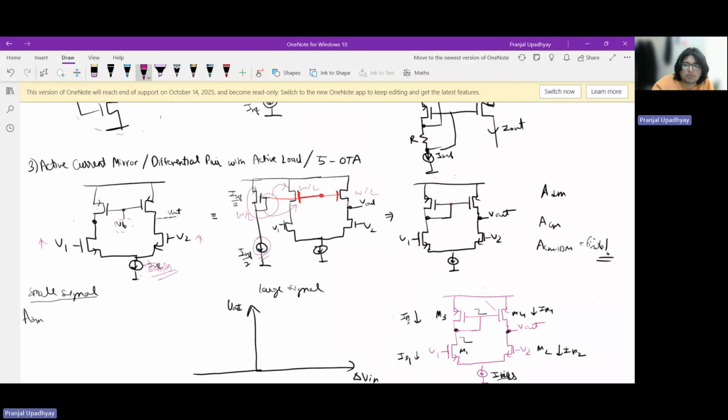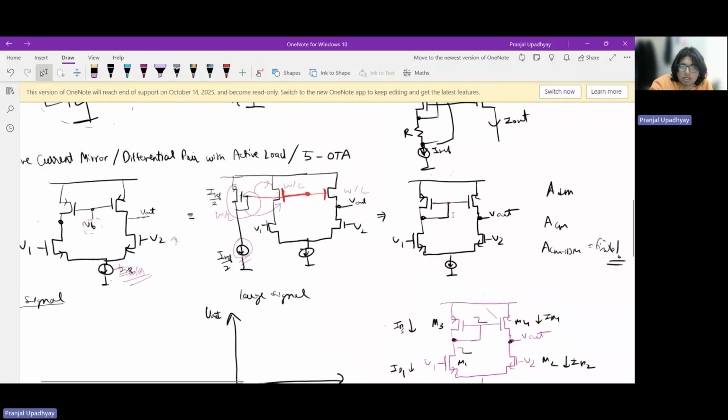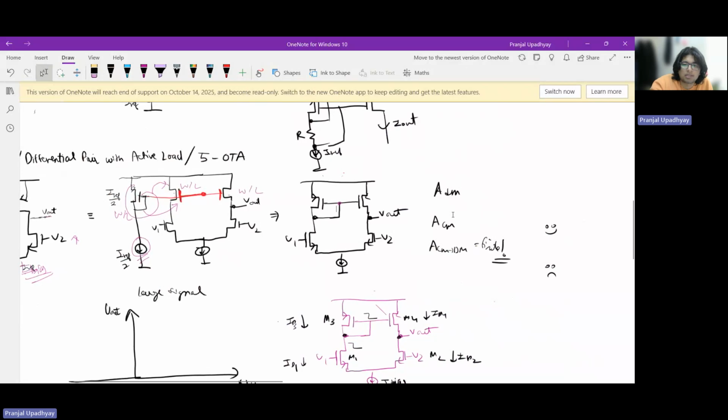The final circuit that we obtain is called the 5 transistor OTA, or transconductance amplifier. What it is doing is taking the difference of these two signals, and it is basically a single-ended amplifier in a way, since we are only taking output at one of the ends.